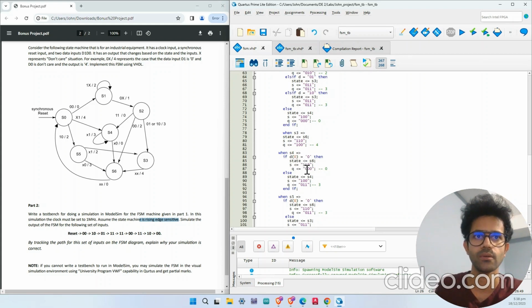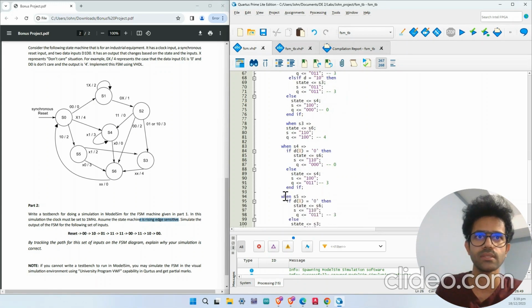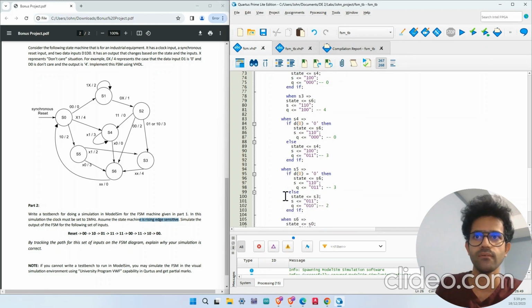Else if D0 equals 1, we remain in S4 with output of 3. This takes care of 0, 0 and 1, 0. This takes care of 0, 1 and 1, 1. So that's S4. Now let's see S5.